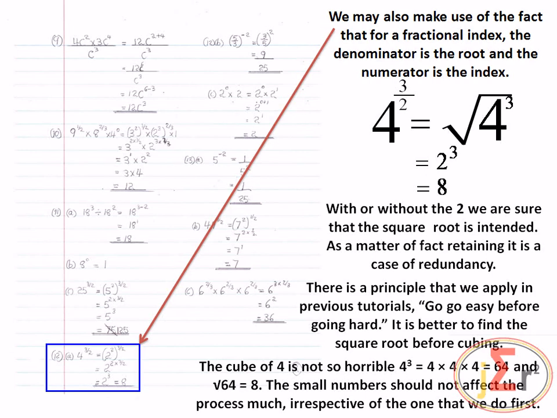So the small numbers should not affect the process much, irrespective of the one that we do first. Whether we cube or we find the square root, that should not be too much of a concern, because the numbers are not very large, and as a matter of fact they are not unfamiliar.